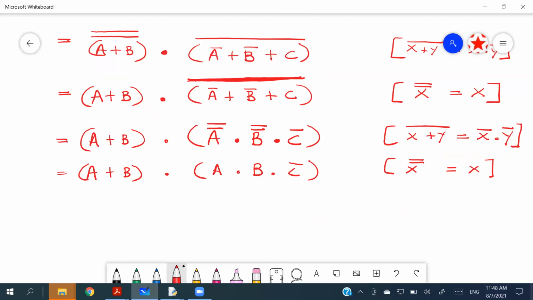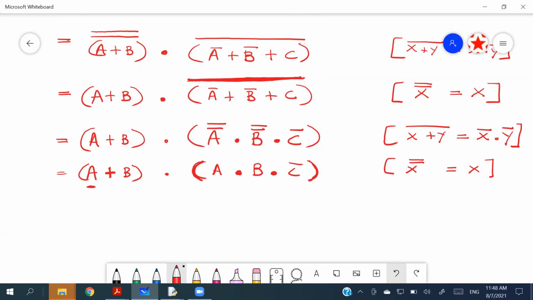But when you are applying the distributive law, remember, now the second bracket is having dots inside that. And the first bracket is the one which has a plus. So pluses will separate the terms. That means A is a separate term, B is a separate term.